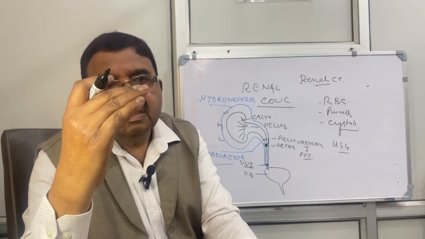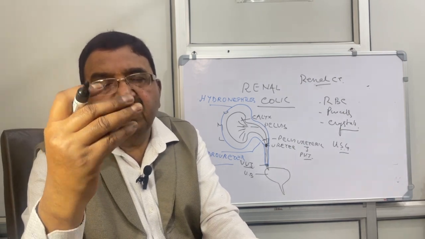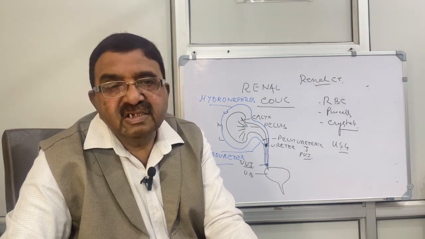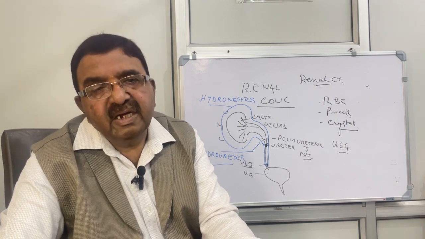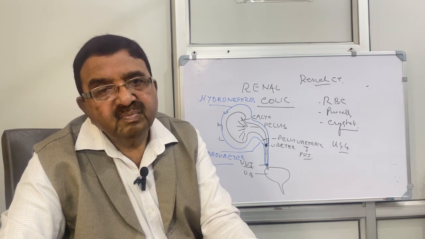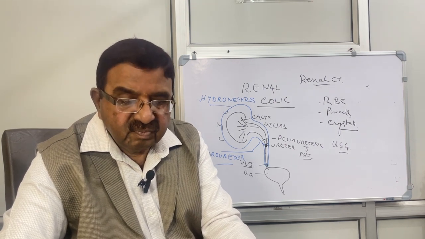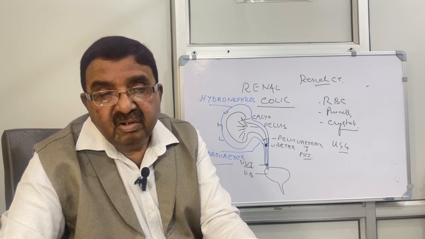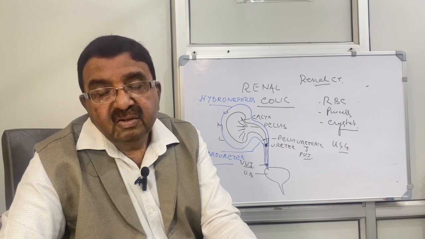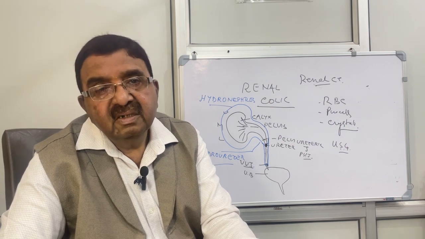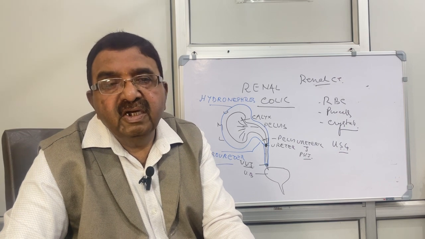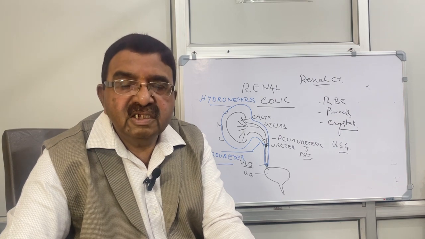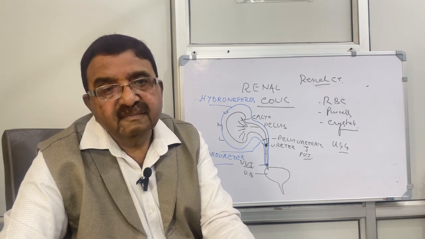We give an analgesic injection in the form of diclofenac, piroxicam, or such injections, plus antispasmodics like Buscopan or drotaverine, etc. Then if the patient is not relieved with these non-steroidal anti-inflammatory drugs, we may have to use Fortwin or Fortwin with Phenergan, or tramadol injection for the control of pain.